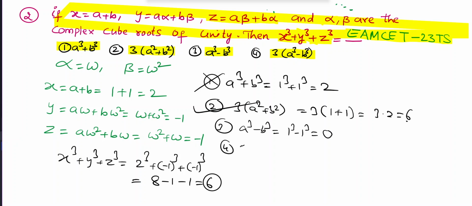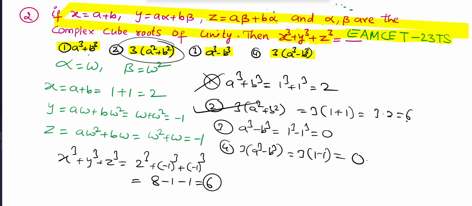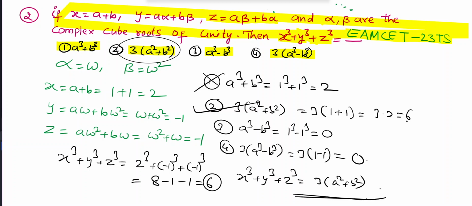Fourth option, 3 into (a cube minus b cube), that is 3 into (1 cube minus 1 cube), this is also 0. So the second option is the correct answer. That is 3 into (a square plus b square). So x cube plus y cube plus z cube is equal to 3 into (a square plus b square). This is the required answer.